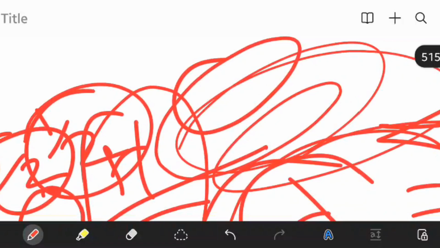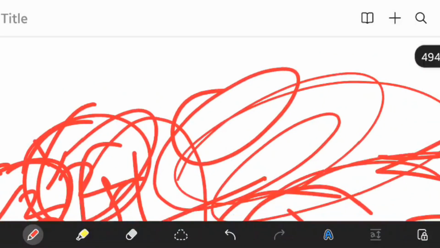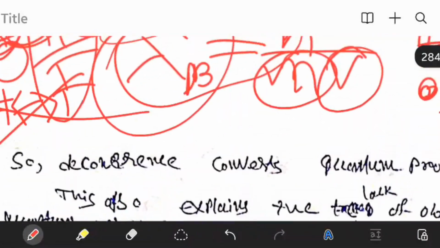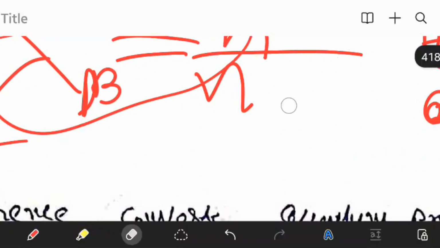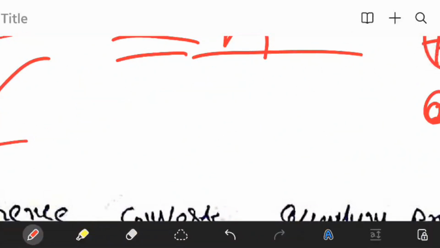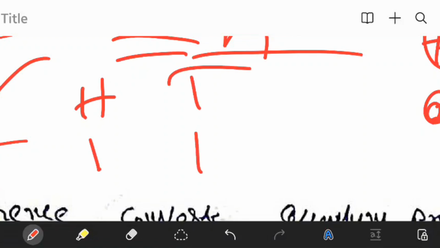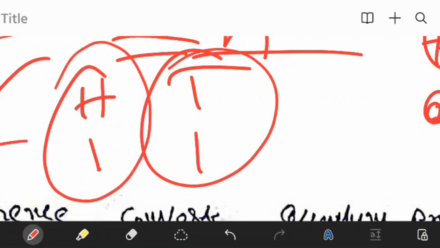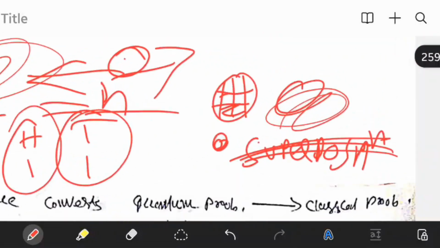But that is before measuring, right? Half and half. But when you have done the measurement, you either have head, then the probability is 1 because you saw the head, right? So it is 1, and tail, which is also 1 after the measurement.